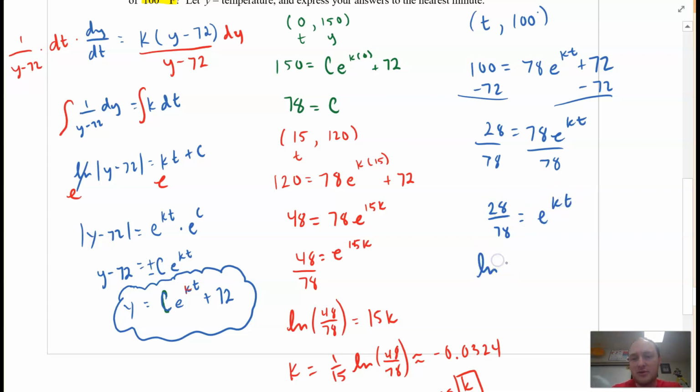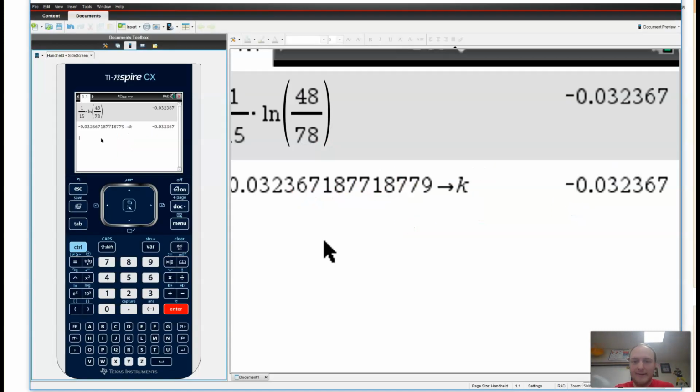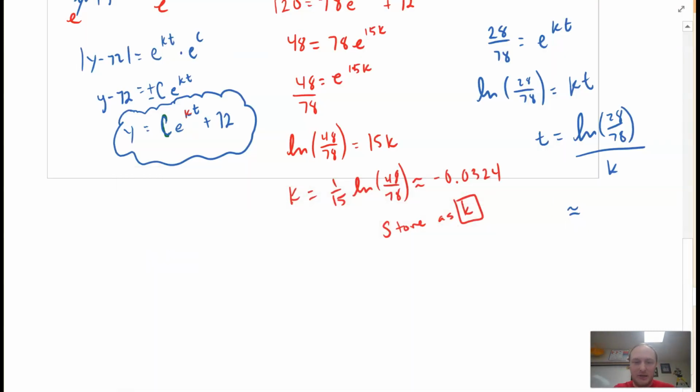Now we'll take the natural log of each side, and we get this is equal to kt. Okay, and the time is going to be equal to the natural log of 28 over 78 divided by k. All right, so let's go back to our calculator.